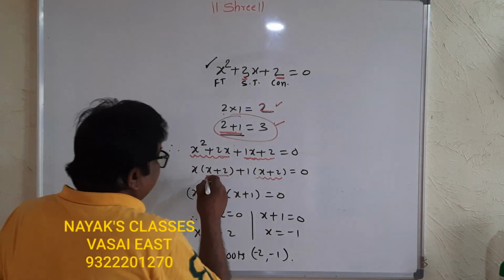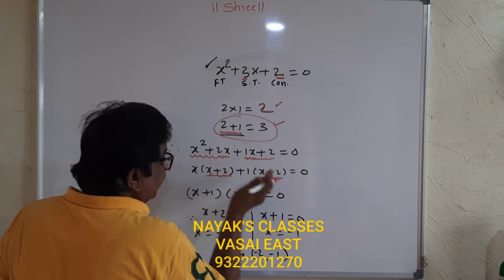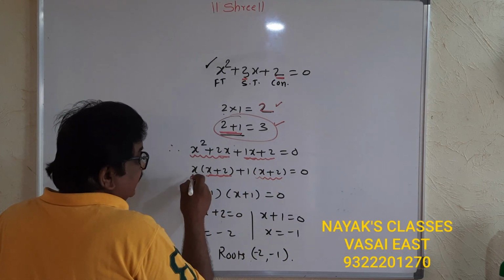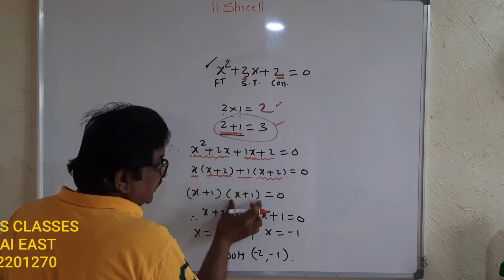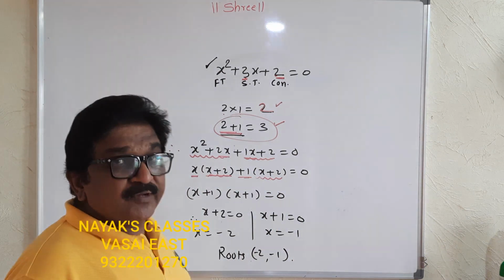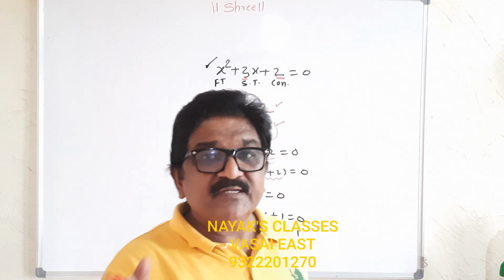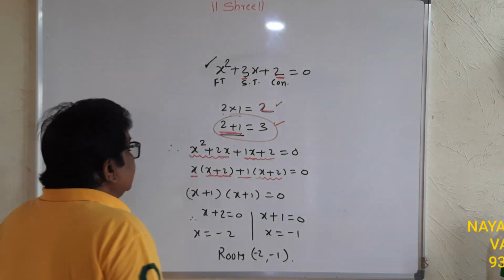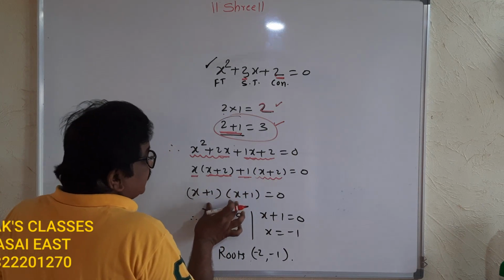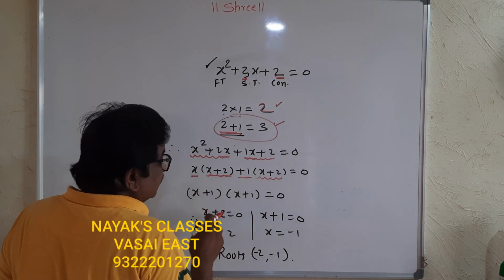After that, this common bracket is taken out, and uniting the remaining terms we form the second bracket. You have studied this in 9th standard. So we got two brackets. Equate them with zero.